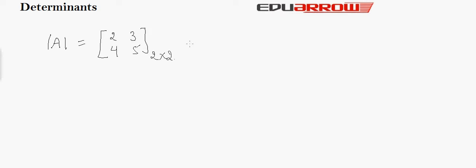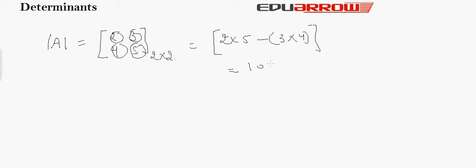Now we have to find out the determinant. So first, multiply this element by this, that is 2 into 5. Subtract this into this, that is 3 into 4. Which will come out 10 minus 12 is equal to minus 2.